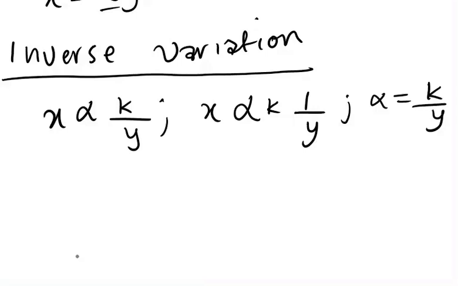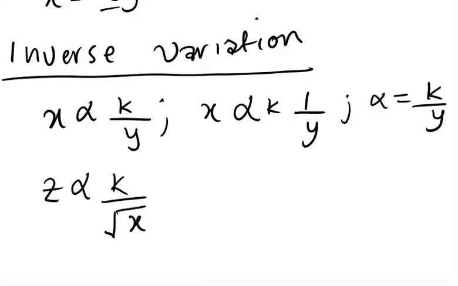There are times they'll tell you x varies inversely proportional to the square root of y, meaning y will be under square root. Or x varies inverse proportional to the square of y, meaning y is squared. So you follow according to the question. Let's say z varies inverse to the square root of x.